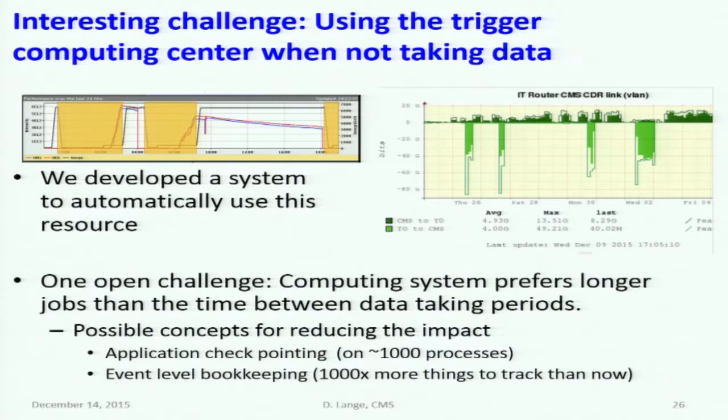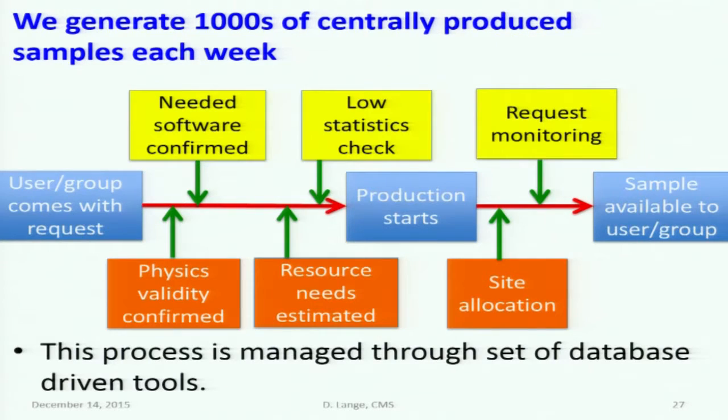What we do now instead is track data in 20-second chunks, so that we know we have or don't have a chunk of 20 seconds. So it would make things 10,000 times more complex than they are now. But I think that's one of the research questions that, if we had a solution for it, would make our use of the system much more efficient.